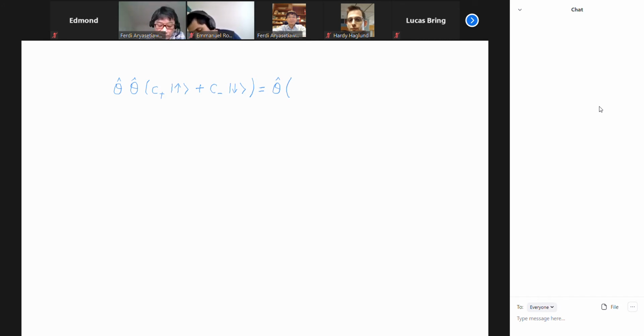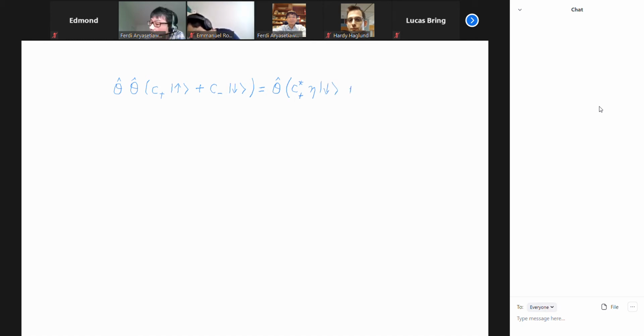We have to be careful there, because the time reversal operator changes the complex number C plus to C star. So we have products like this, and then we get the phase factor, and the spin up state is now turning to spin down.